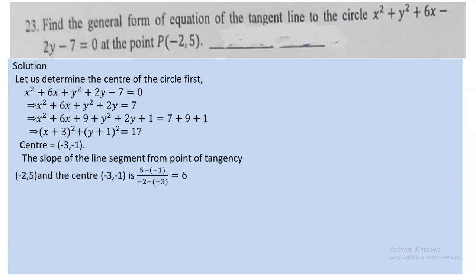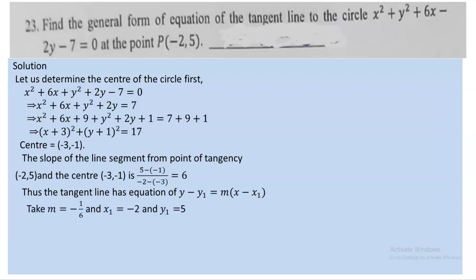So clearly, since the tangent must be perpendicular to this, it has to have a slope of -1/6, because the product must be negative 1, because one is perpendicular to the other. So if we have a slope of negative 1 over 6 and a point the line passes through, (-2, 5), you can determine the equation of the tangent line using y - y1 = m(x - x1).